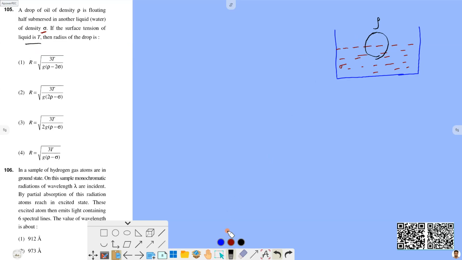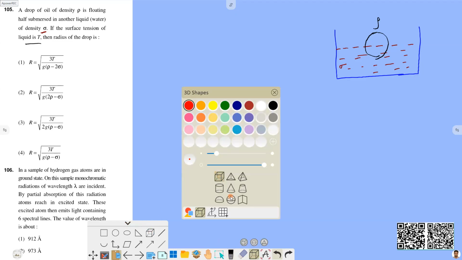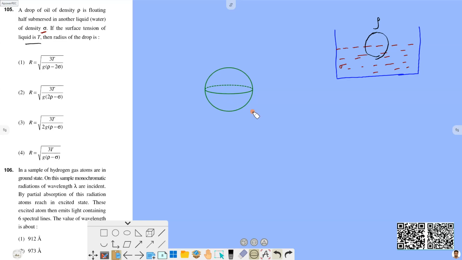And how will that surface tension look? If I draw a 3D map, I think it will be fine. So suppose this is our drop, and it is half immersed in the water.